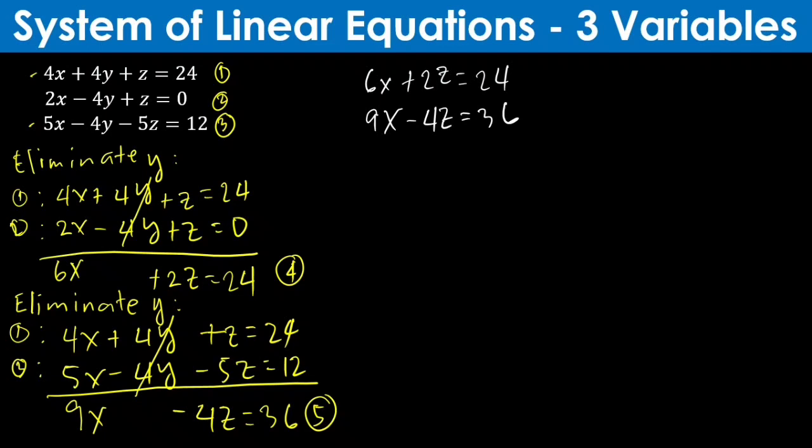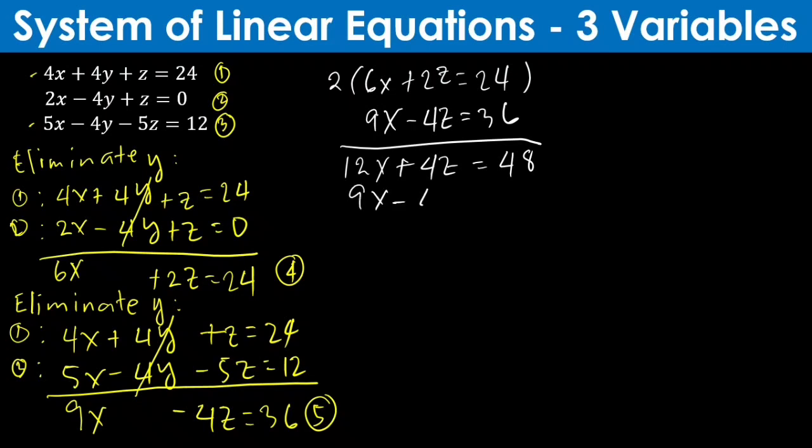It's easier to eliminate the z here, so if you multiply this by 2, so we have now 12x plus 4z equals 48. And then we copy this equation number 5. It's 9x minus 4z equals 36. Now here our z is eliminated.